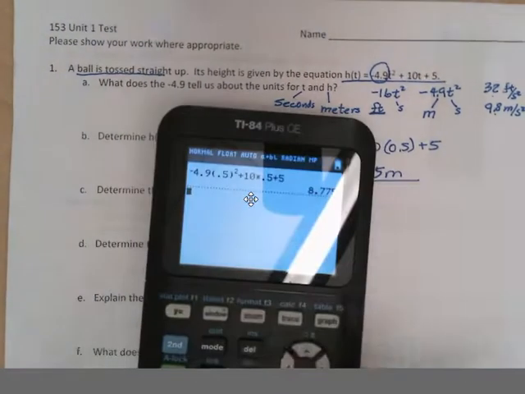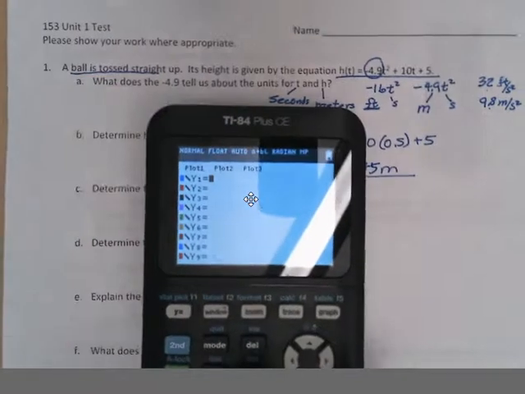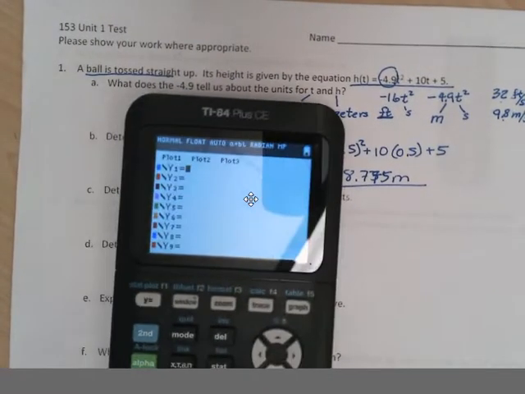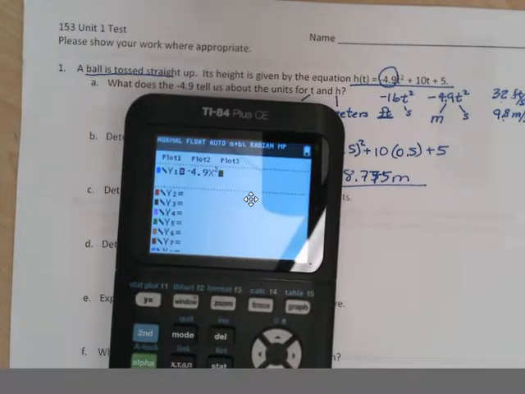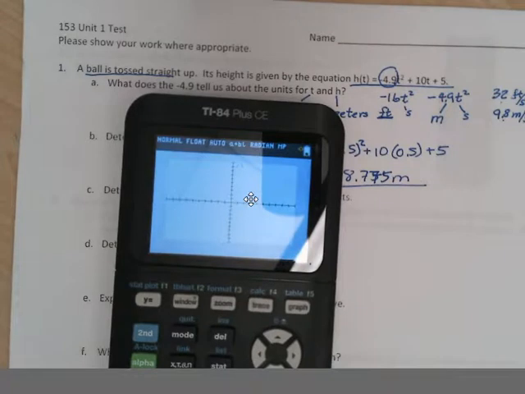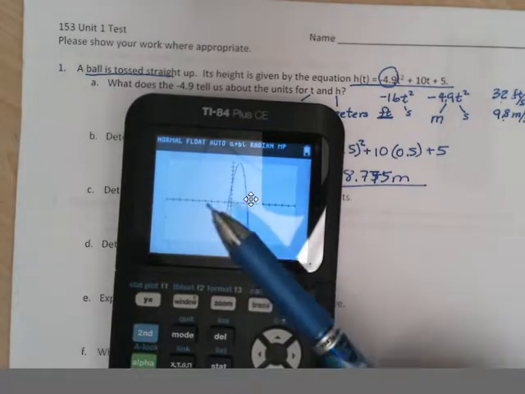Determine the maximum height. So I can go here and type in the equation, negative 4.9 x squared on the calculator plus 10x plus 5, and if I go zoom 6, I see pretty much the whole graph.